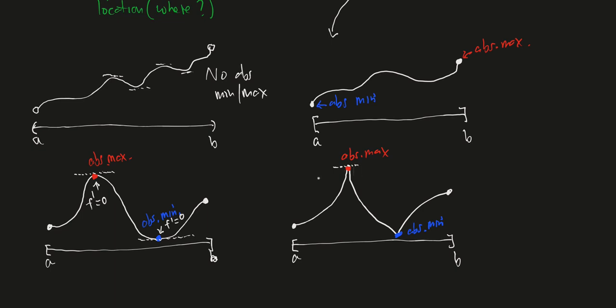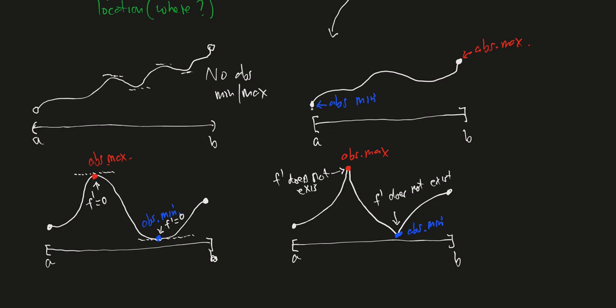Actually, I shouldn't draw dotted lines there. Let me take those off. Right? So at this point here, we know that f prime does not exist. And similarly here, that sharp corner, f prime does not exist.